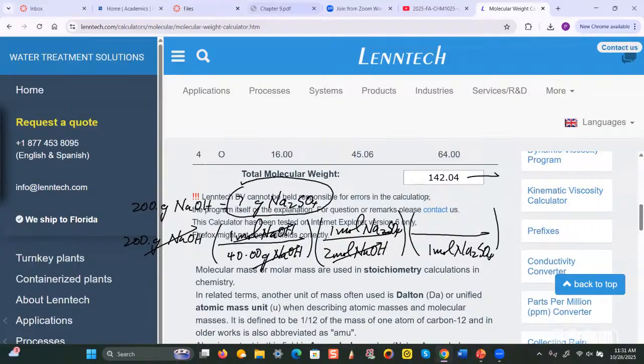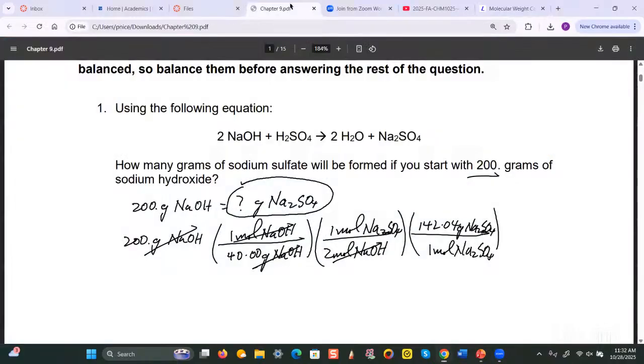So let me write that here. 142.04 grams of Na2SO4. Okay, so that's the setup. This is going to cancel out with that.